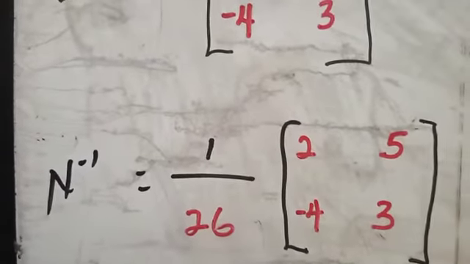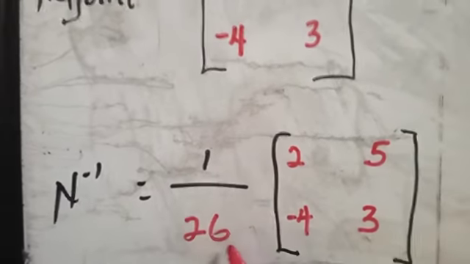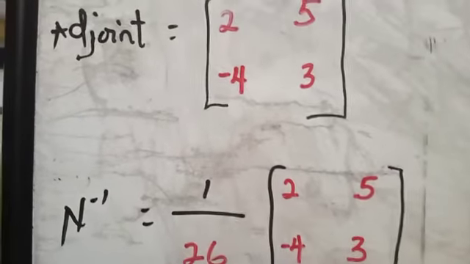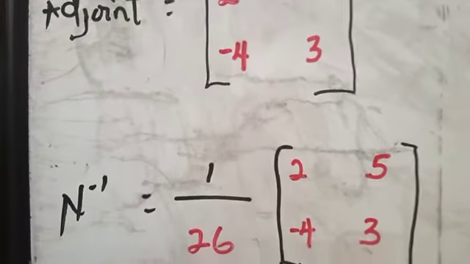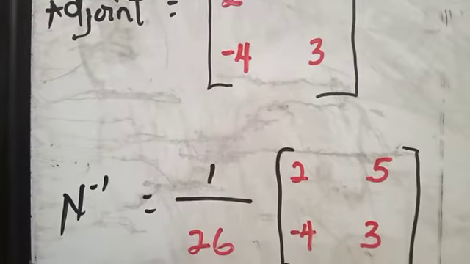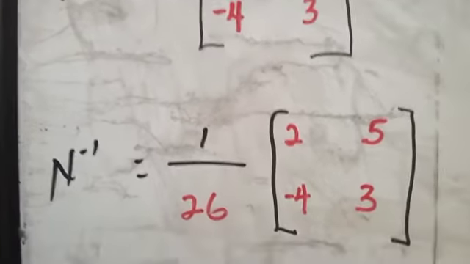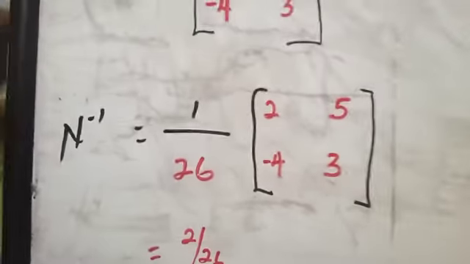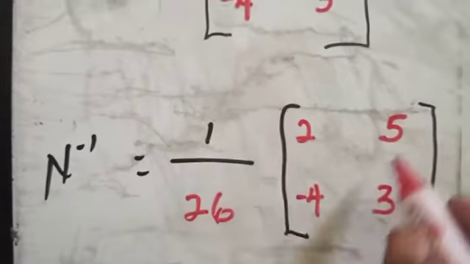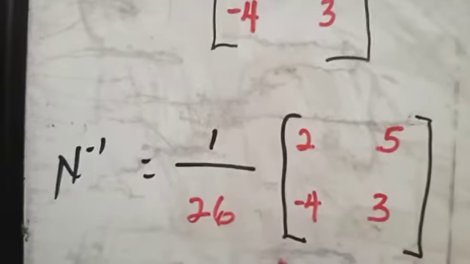So the way of doing this is to have this 1 over 26 multiplied by 2, that will give us 2 over 26 for the first part, right? So 2 over 26, and then this 1 over 26 multiplied by everything here.